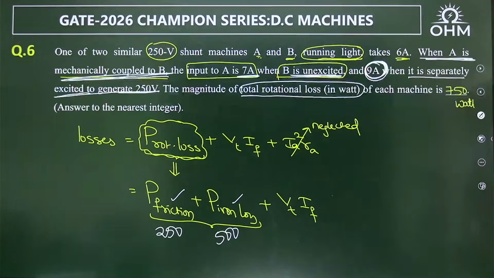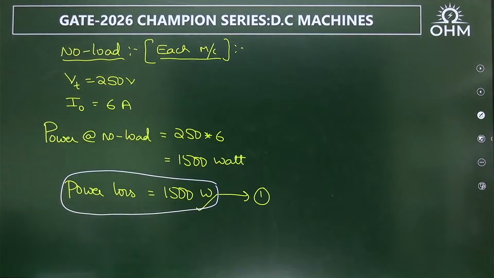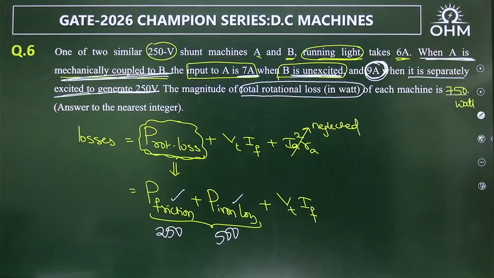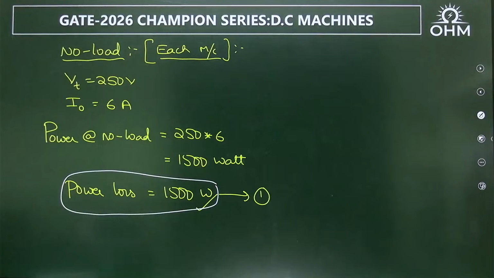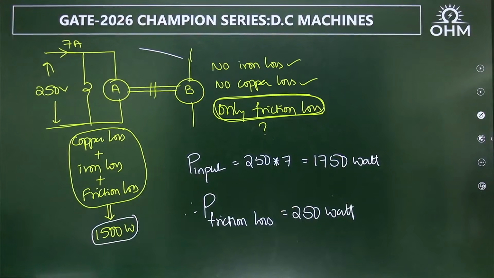All right. I can also ask you another question. Can you tell me what will be the value of shunt field copper loss of each machine? Yes, all three losses together it is 1500.